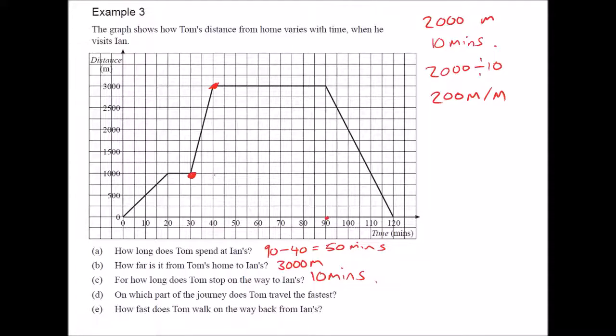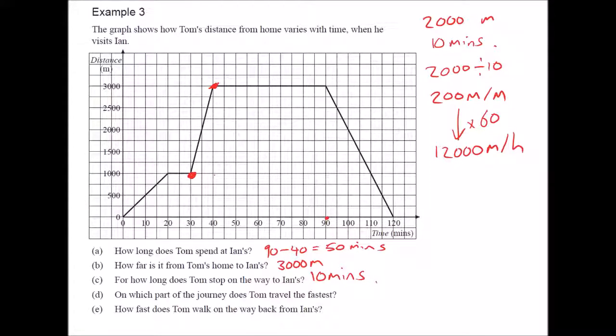Now that's not a very good unit, so perhaps we should try and convert that to something more useful. Perhaps kilometres per hour. So let's convert it to kilometres per hour. First of all, if we start with 200 metres per minute, let's get that into metres per hour. So I'll times by 60, because there's 60 minutes in an hour, and that will get me 12,000 meters per hour.